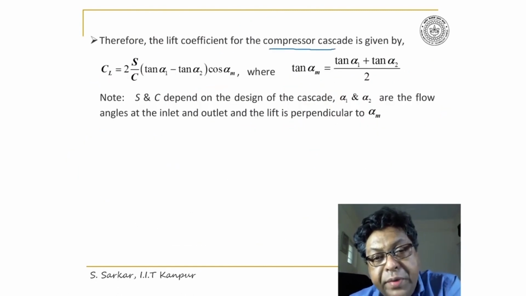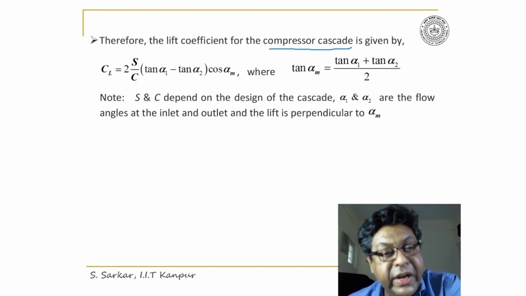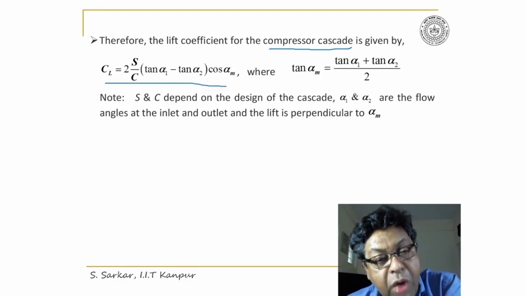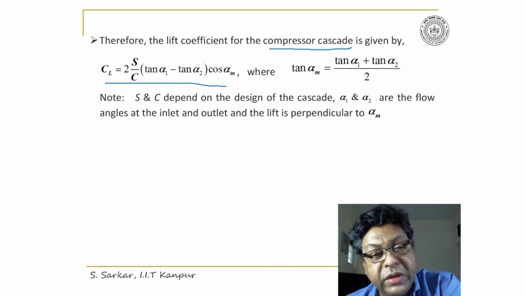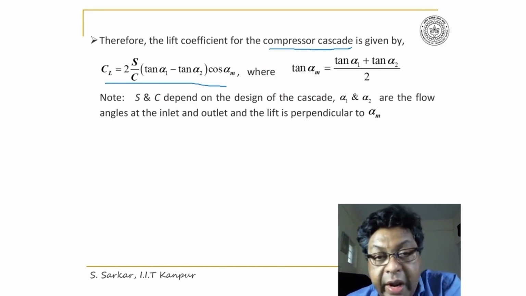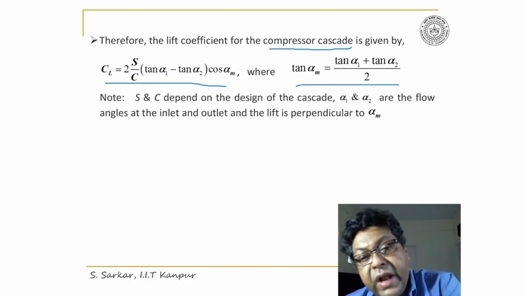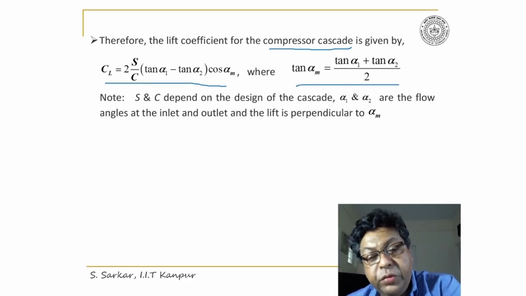Therefore, for compressor cascades, we can express Cl equal to twice S by C within the bracket tan alpha 1 minus tan alpha 2 into cos alpha m, where tan alpha m is equal to tan alpha 1 plus tan alpha 2 divided by 2.